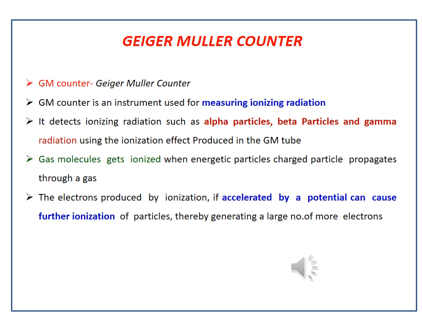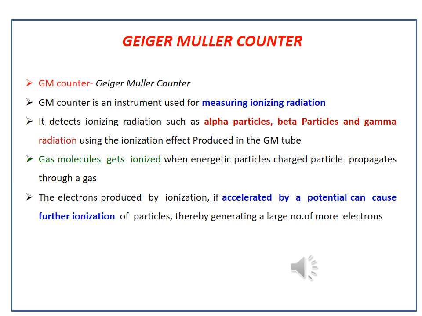It detects ionizing radiations such as alpha particles, beta particles, and gamma radiation using the ionization effect produced in the GM tube. GM tube gas molecules get ionized when energetic charged particles propagate through a gas.